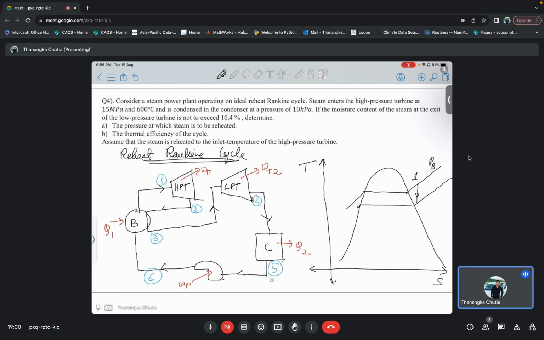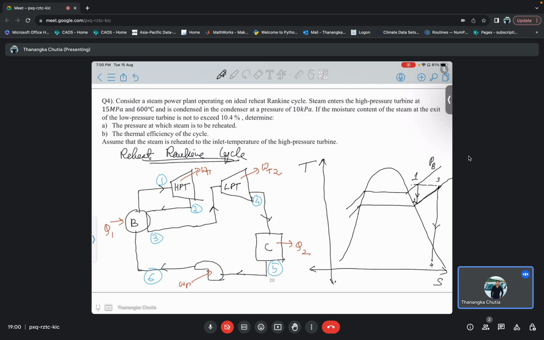Okay, and after this expansion, it is again reheated, and it is reheated to the same temperature in our question. So this is my point 2 and this is my point 3, and then from point 3 this is expanded to point 4.